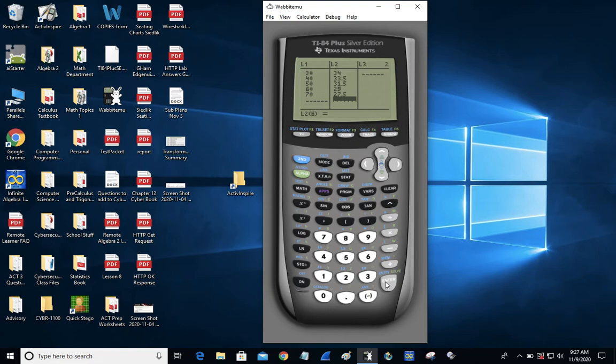Now jump over to step 4 where it says turn on diagnostics. Does everybody see this little blue down here above your 0 that says catalog? Yeah. So I need to go to my second 0 to get to that catalog of menus. So second 0. And I want to turn diagnostics on. So I have to scroll all the way down until I get to the D's. I didn't know there was this much technology in this thing.